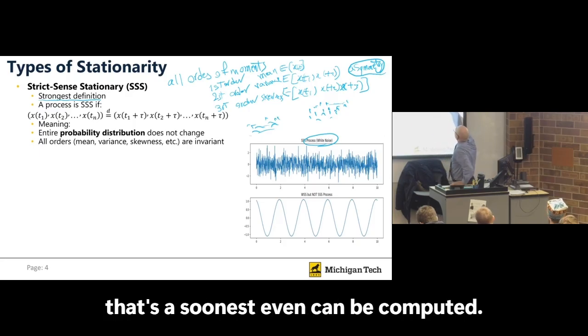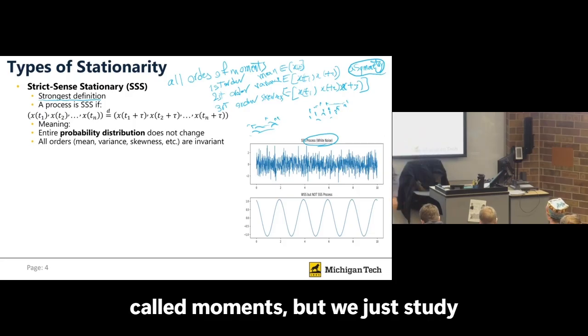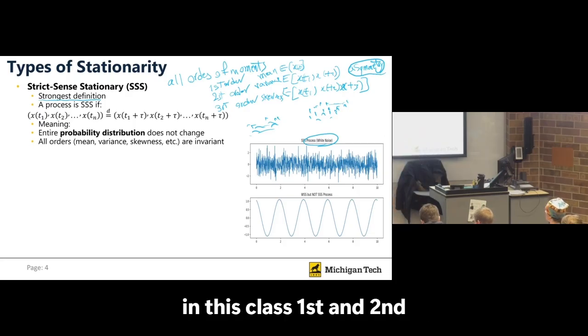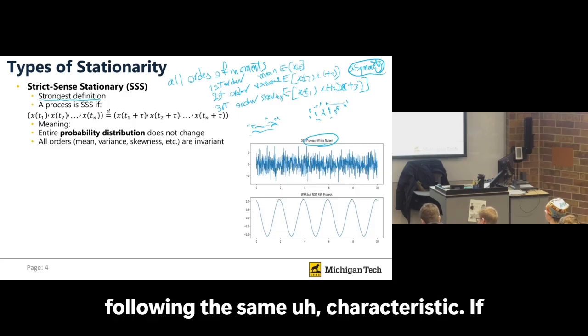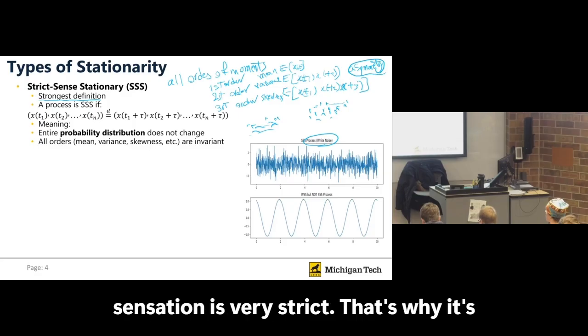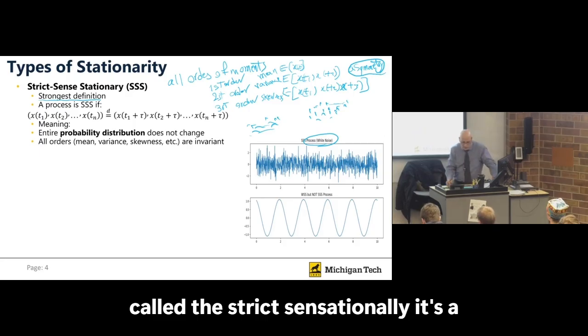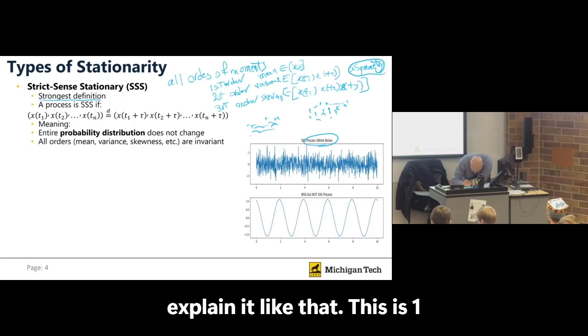So that skewness can be computed with the third order moment. We just study in this class first and second moment. But if we go for the rest of the moments, they still follow the same characteristic. A strict sense stationary is very strict. That's why it's called strict sense stationary, the strongest case.